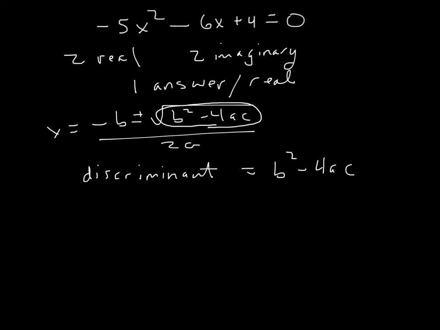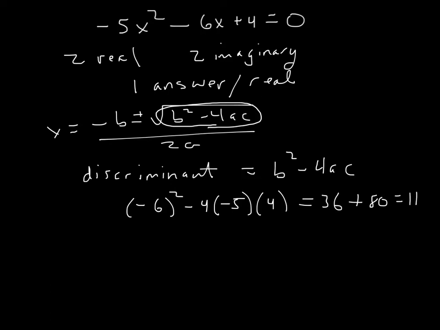For this problem, the discriminant would be negative 6 squared minus 4 times negative 5 times 4. And that equals 36 plus 80, which is 116. I don't really care what that number is right now because I'm not trying to find the answer.